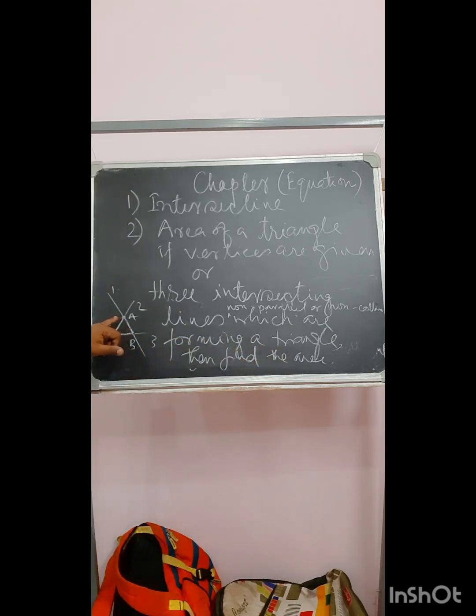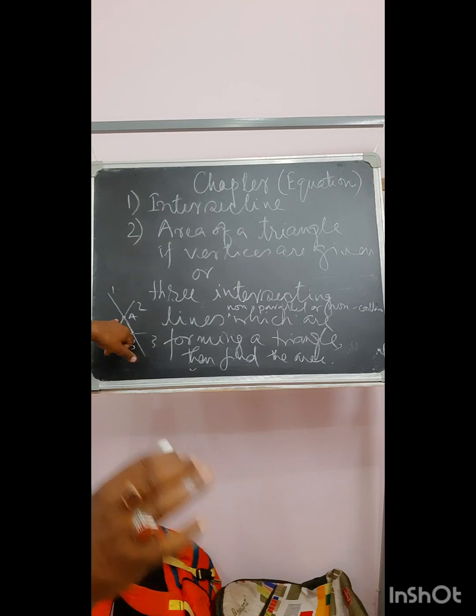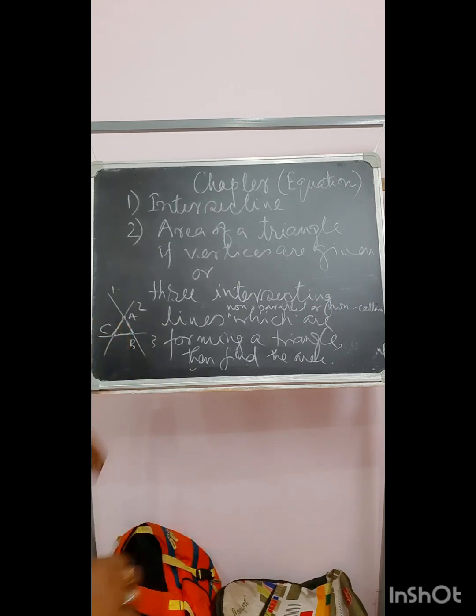If lines are intersecting, they will cut at only a single point, two lines together. So a pair of these three will make a triangle, and the vertices would be the same as the intersecting points. Okay, so up to that you can understand what subjects I will cover.